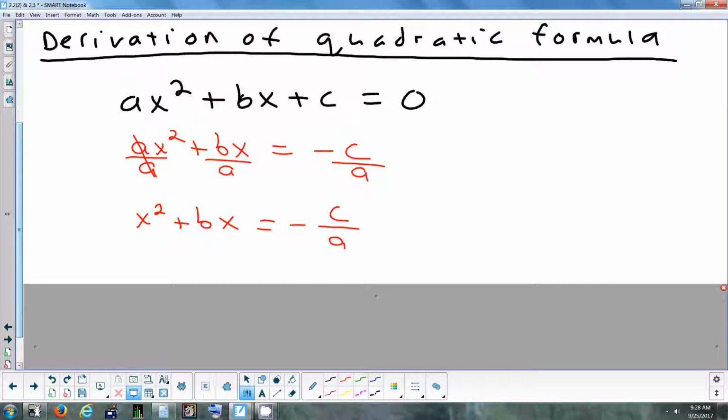All right. Now, I should have left a little bit of space here because now I'm going to complete the square. I'm just going to leave a little room to complete the square. So I'm going to add something to both sides. All right, so now to complete the square, I do something with the number in front of x. Does anyone remember the two things you have to do?